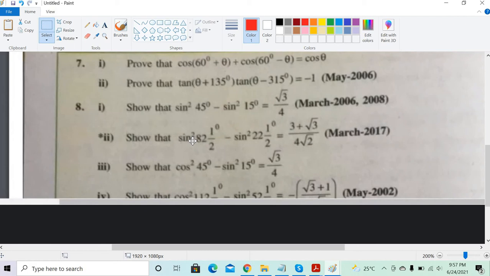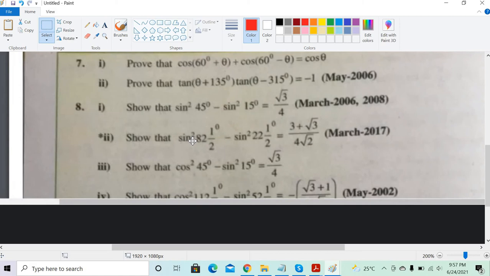Which all formulas do I have to remember? Sine 15, cos 15, tan 15. Then what else, like for other questions? Other questions, I already sent you the formulas. Sin A into sin 60 minus A into sin 60 plus A. Yeah, that I know, it is 1 by 4 sine 3A. Yeah, those things you have to remember.